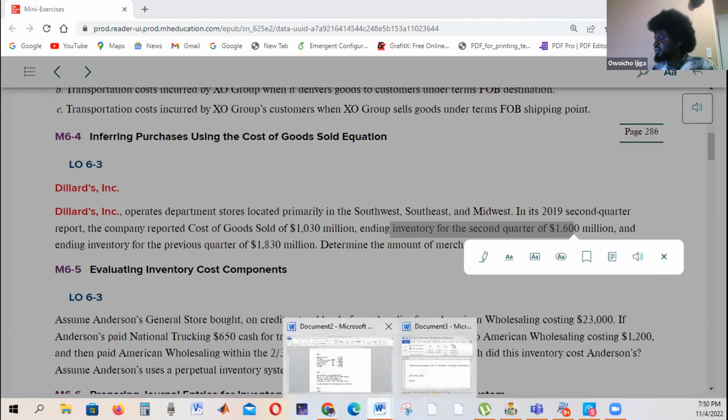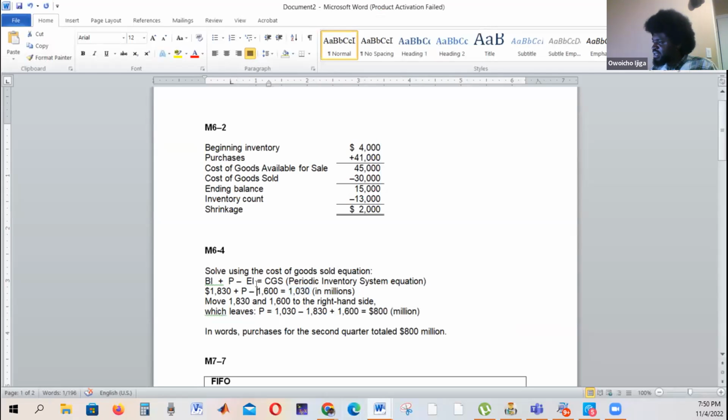And that becomes our ending inventory, EI. Okay. And then it's asking us to calculate the purchase, and it gave us the beginning inventory to be 1830. So by the time you make the substitution and solve for P, you get your P to be this minus 1830 plus 1600 to give you 800 million.